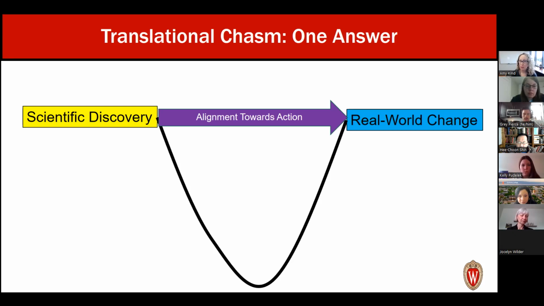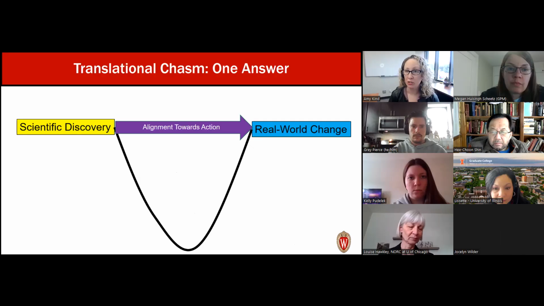And before you even begin your study, you may choose different ways of finding your populations, of including different stakeholder voices, or choosing your variables that ultimately allow you to align towards action more successfully, building a bridge across the translational chasm and ultimately getting us towards real world change.